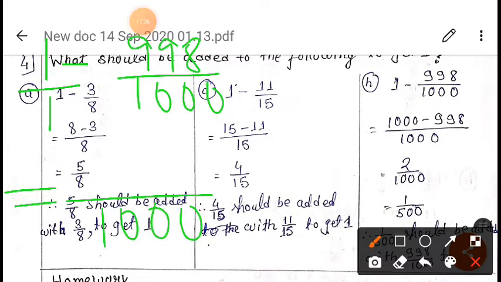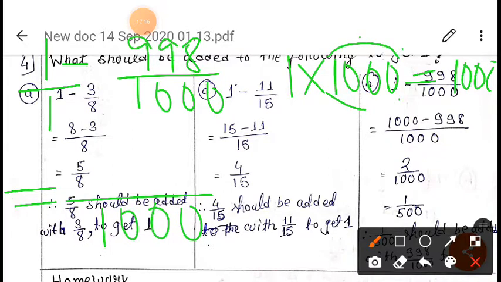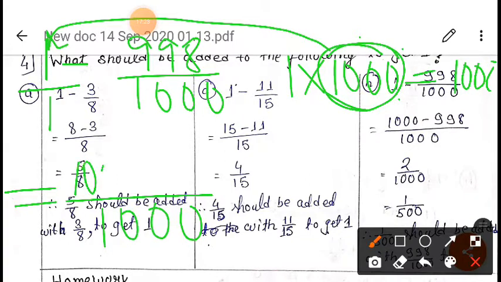In the multiple of 1, 1 into 1000 is equal to 1000, right? So this 1000, always remember that this middle one will be multiplied with this one. So we will get 1000 here, right? Now minus 1000 into this one.